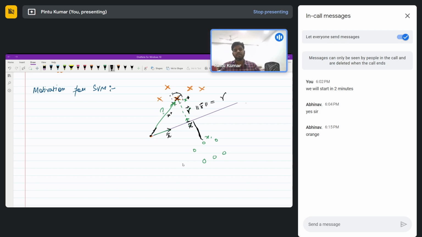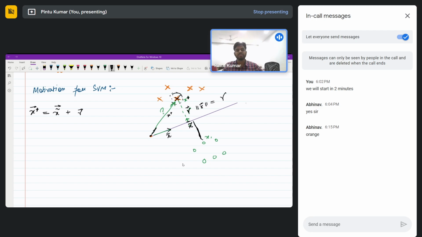You can see that these are vectors. By the parallelogram law of summing vectors, we can say that x plus is nothing but my x tilde vector plus this gamma vector. What is this gamma vector?